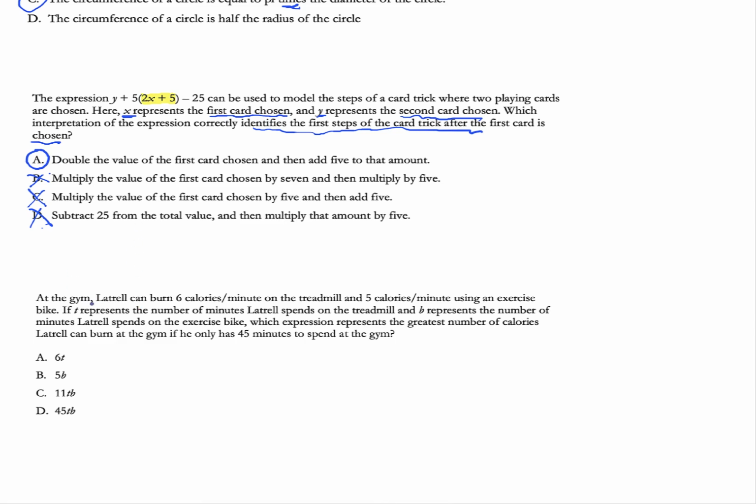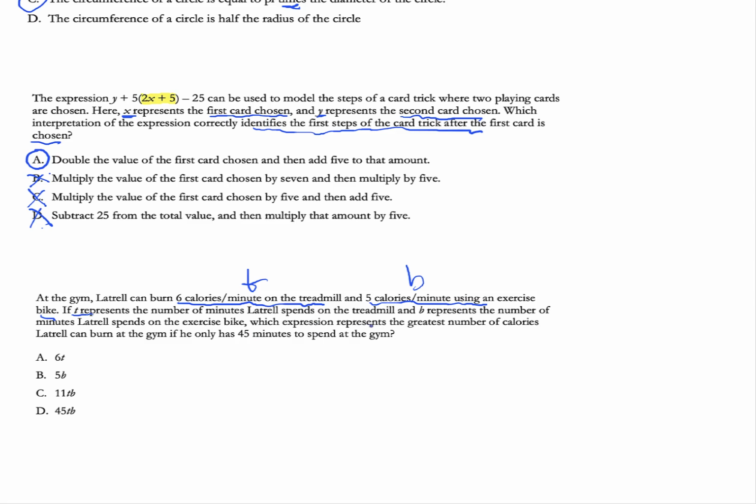Final question. At the gym, Latrell can burn 6 calories per minute on the treadmill, 5 calories per minute using an exercise bike. If T represents the number of minutes Latrell spends on the treadmill, so T would be for treadmill, and then B represents the number of minutes Latrell spends on the exercise bike.